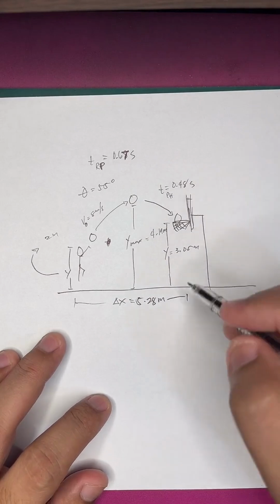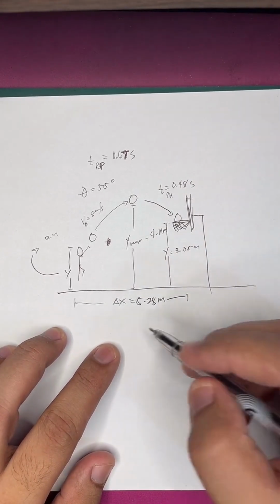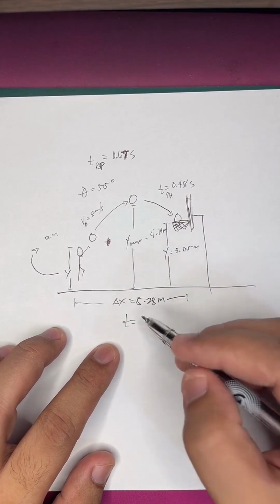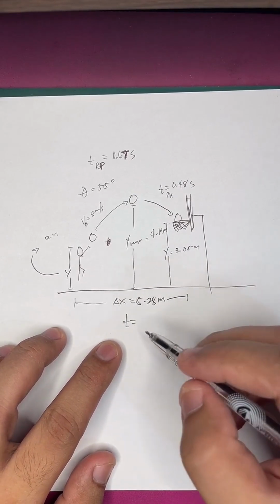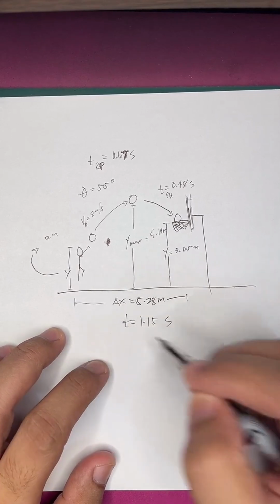And then the time from release to hoop, the final time that we would be using for range, would be 1.15 seconds. And there you go.